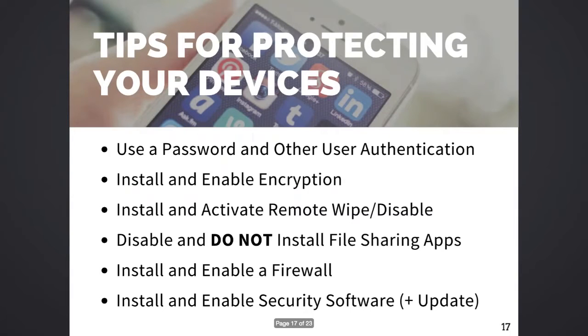So how do you protect your devices? Well, as we said, you want to use passwords and other authentication, that's biometric. For programs, we recommend using two-factor authentication. There's a great program, Google Authenticator, that works with a lot of programs now. That's become a standard.